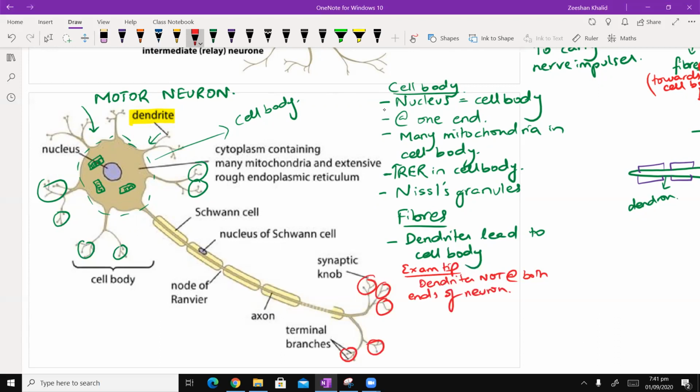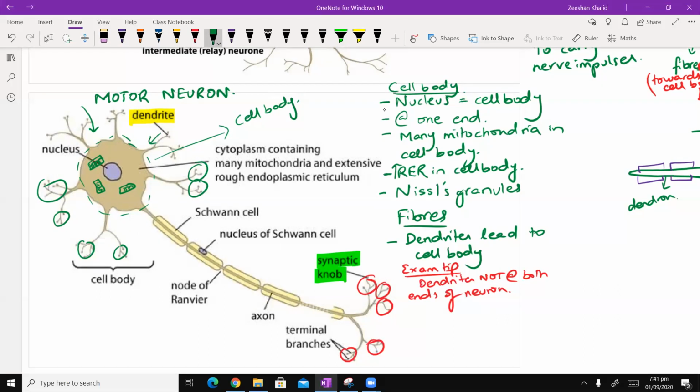At the other end, where the axon ends, these that I have encircled in red color are known as the synaptic nodes, okay? These are known as the synaptic nodes, okay? And they are at the end furthest away from the cell body. And inshallah, we're going to talk about their function once we talk about the synapse, okay?